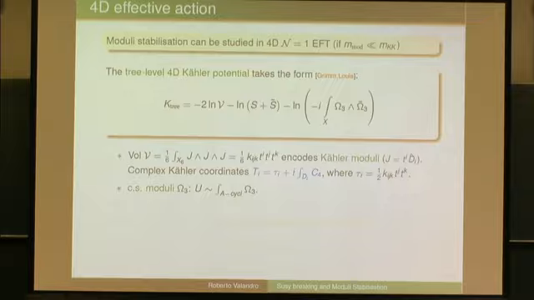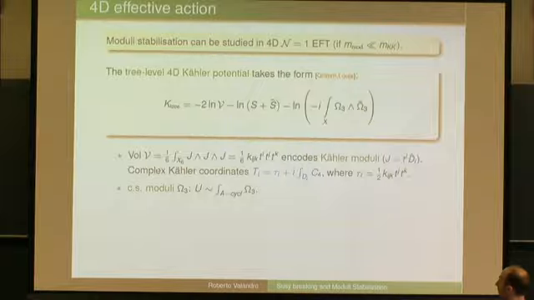Here you see immediately the axio-dilaton in the convention S. Omega 3 encodes the complex structure moduli deformations, and this is the volume of the Calabi-Yau, written in terms of the Kähler form. The Kähler form is just a linear combination with some coefficients t_i, and these are the Kähler moduli.